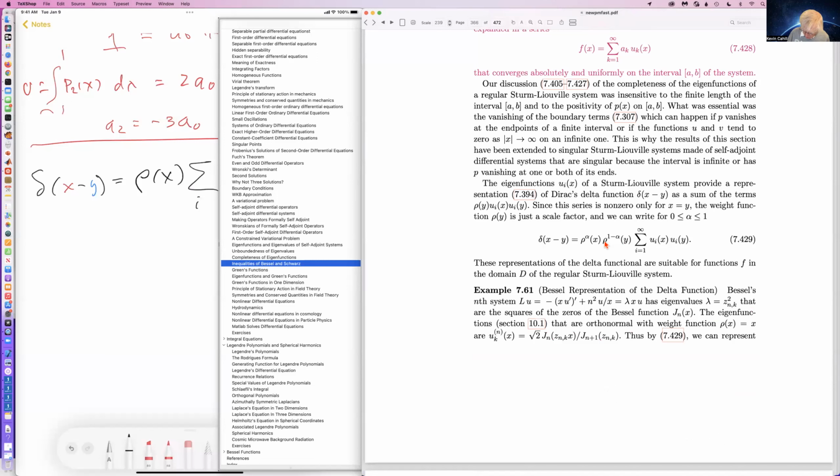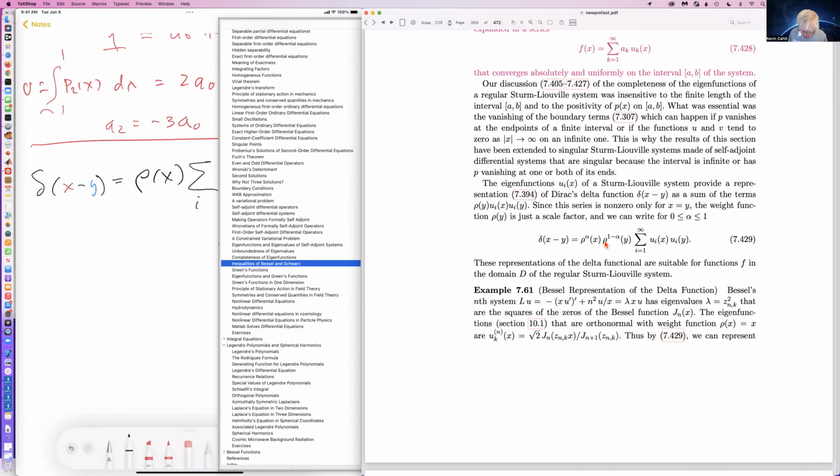Here I'm thinking of them both being functions of x and y.